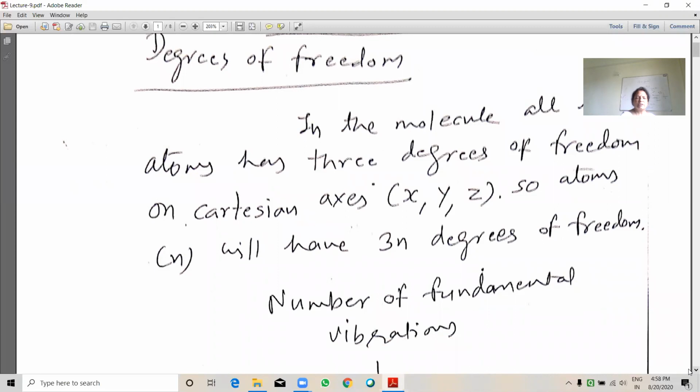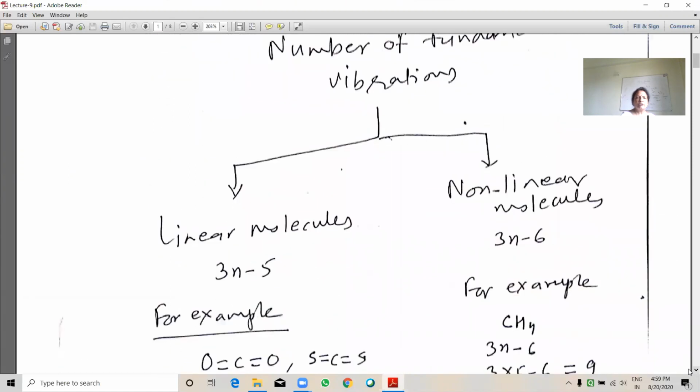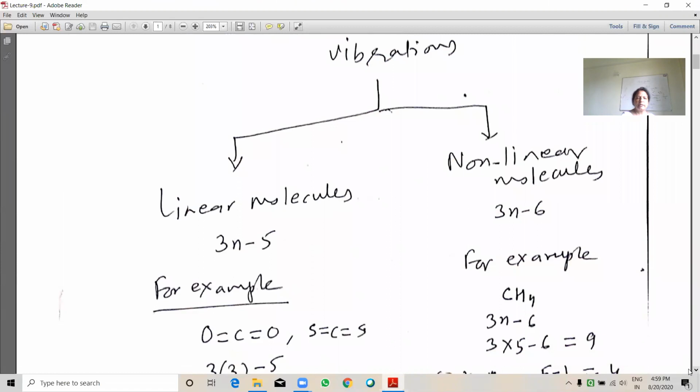So N atoms will have 3N degrees of freedom. Number of fundamental vibrations: for linear molecules the formula is 3N minus 5, and for non-linear molecules the formula is 3N minus 6.